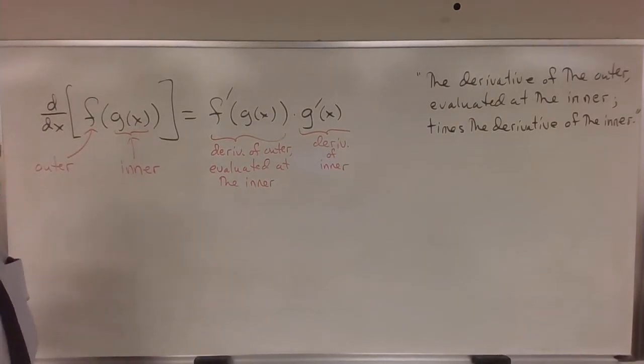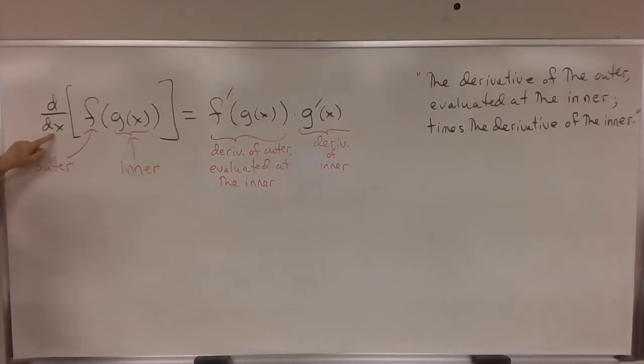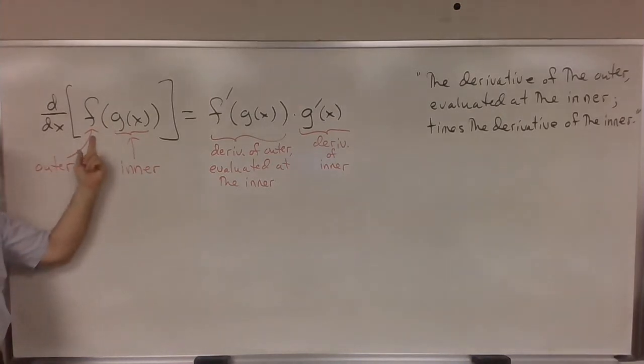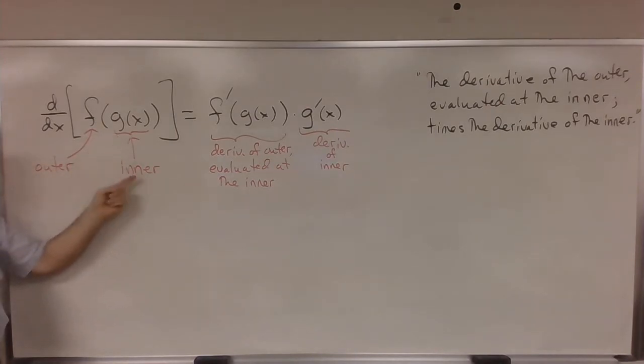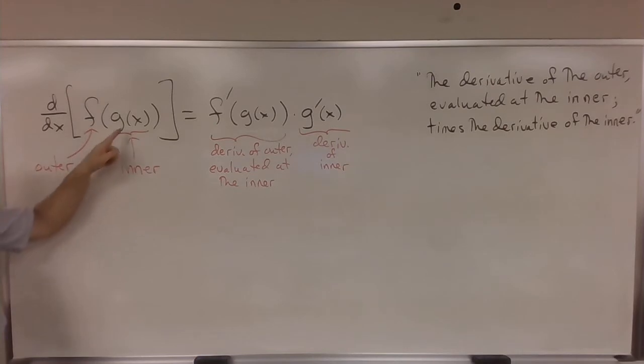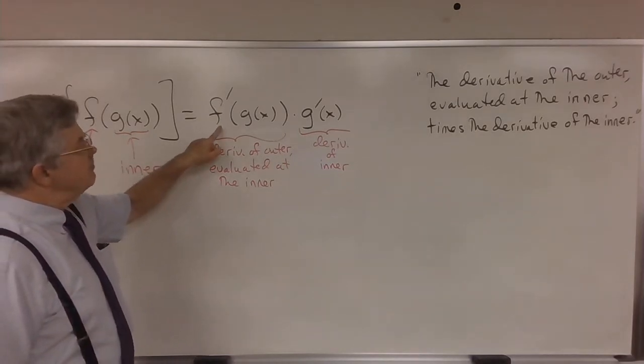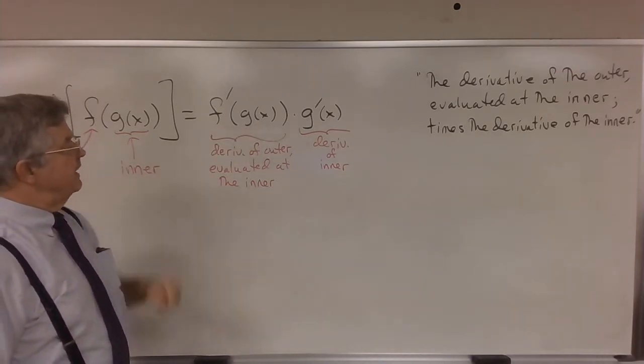Here's our chain rule, and we're computing the derivative of f evaluated at g of x. So we'll call f the outer function and g of x the inner function, since we're plugging g of x into f of x. So f is the outer, g is the inner. And here's what we get. We have f prime evaluated at g of x.